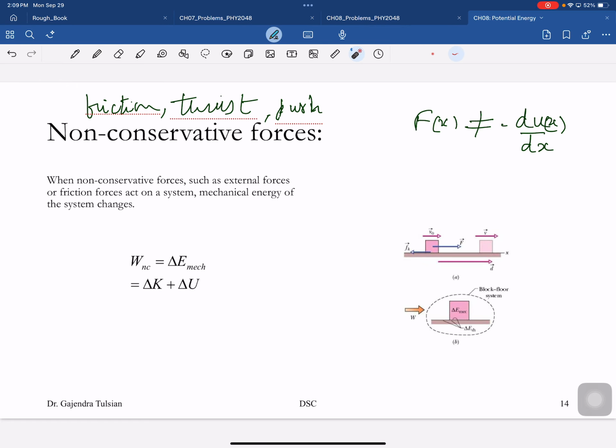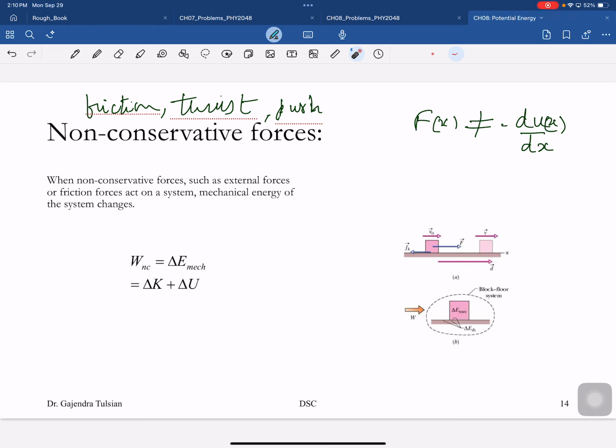So when non-conservative forces act on a system, mechanical energy of the system changes. It is not conserved anymore. So when non-conservative forces act, you're changing the mechanical energy of the system. Change in mechanical energy is change in kinetic energy plus change in potential energy.